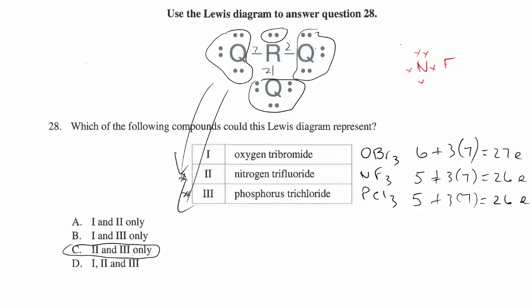Each fluorine of course has 7 valence electrons. 1, 2, these of course are the non-bonding pairs, but the 7th electron in each case would be drawn in right here, and now we have a full valence shell for everything. So it works. The answer is C.